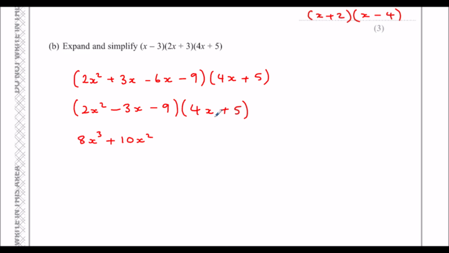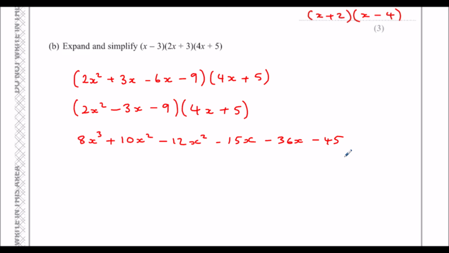Negative 3x times 4x is negative 12x squared. Negative 3x times 5 is negative 15x. Now the negative 9: negative 9 times 4x is negative 36x, and negative 9 times 5 is negative 45.